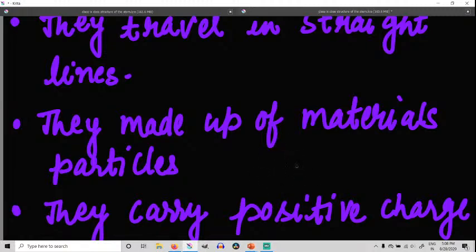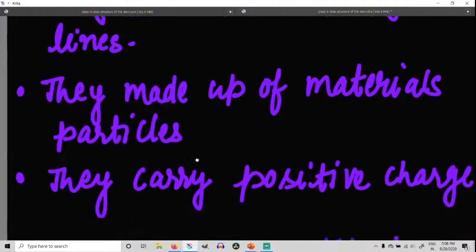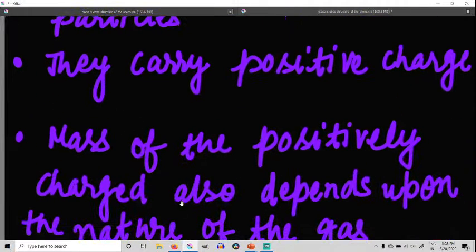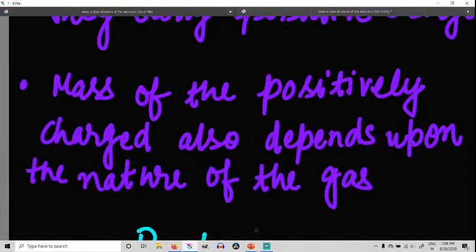And one more thing, they are carrying positive charge also, which we can prove with the help of an electrical field. Just now we have discussed this, right? So they carry positive charge, and the mass of the positively charged particle also depends on the nature of the gas, because electrons have negligible mass, but protons have a mass equal to the mass of one hydrogen atom, that is 1u.